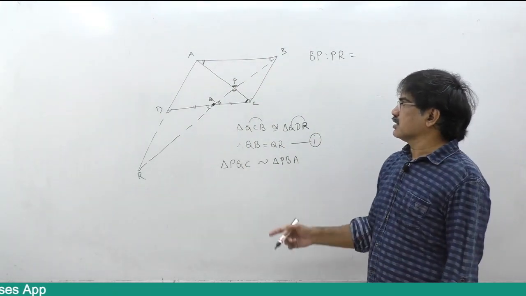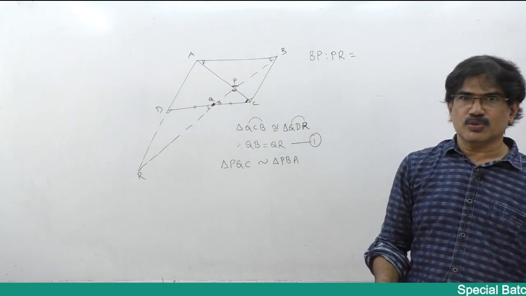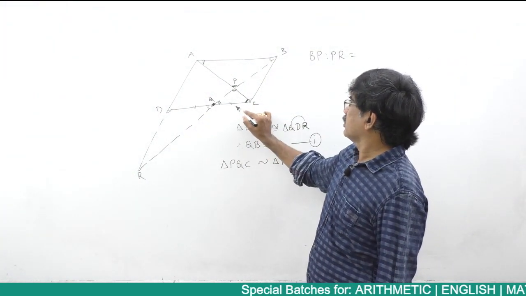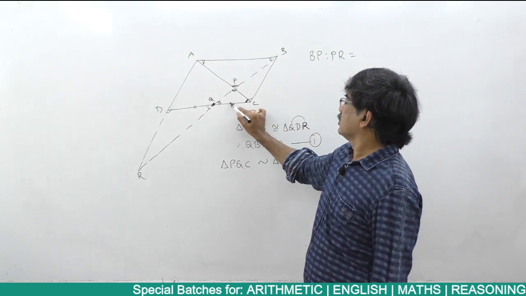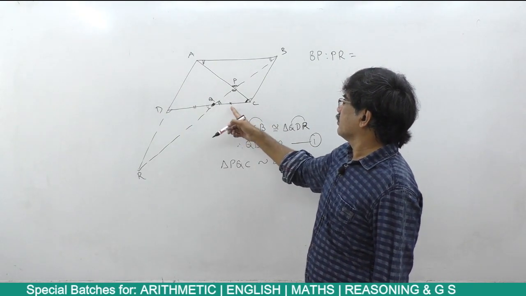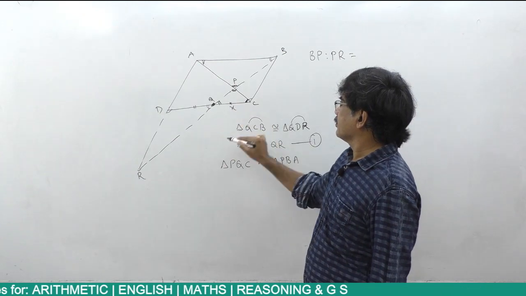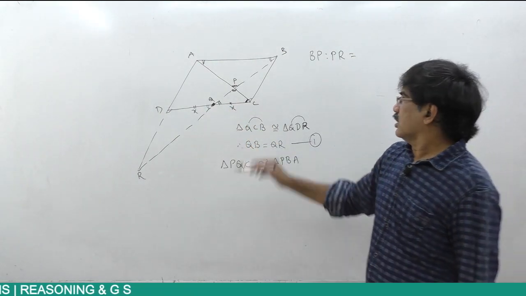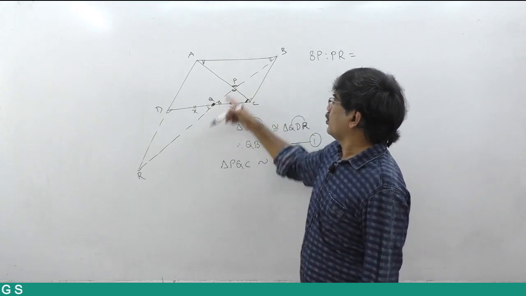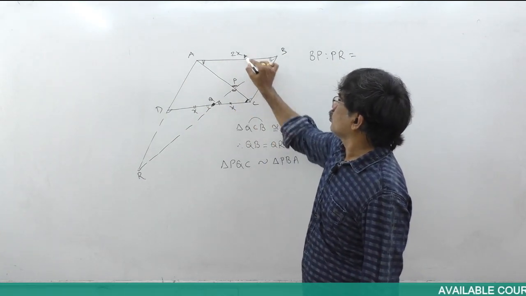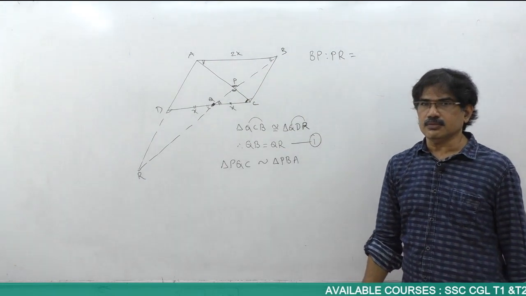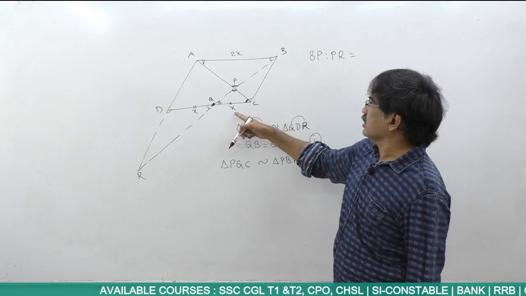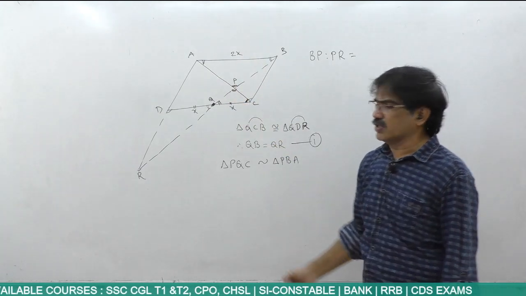If triangles are similar, corresponding sides are proportional. For example, here, see carefully, this is x. So this is also x because these two sides are equal. And in a parallelogram, opposite sides are equal, therefore this is 2x. These two are similar triangles, and these corresponding sides are in the ratio 1:2.